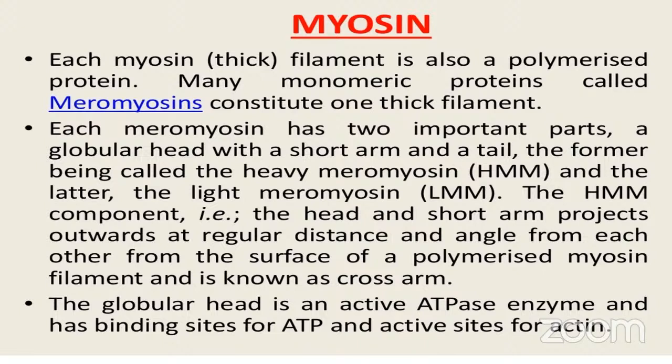The HMM component, that is, the head and short arm, projects outwards at regular distance and angle from each other from the surface of the polymerized myosin filament, and it is known as the cross arm. The globular head is an active ATPase enzyme and has binding sites for ATP and active sites for actin. Okay, thank you, Chaitra.